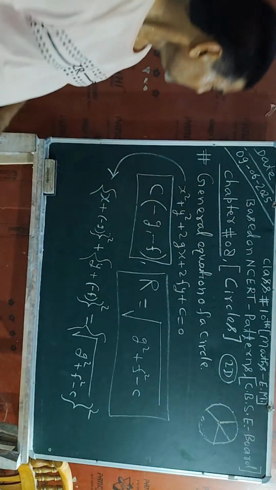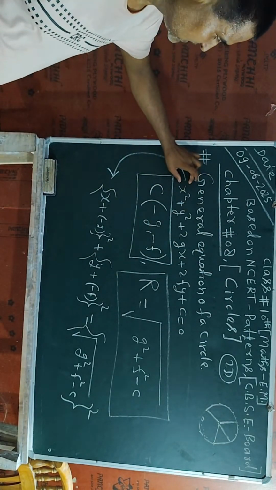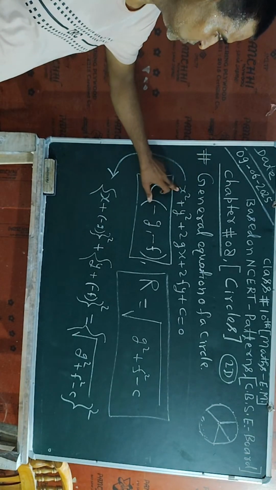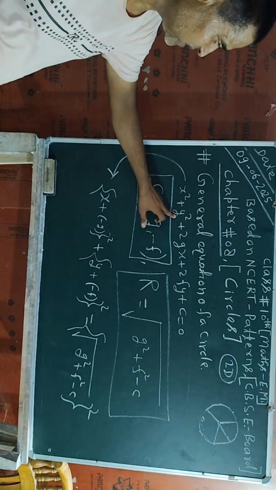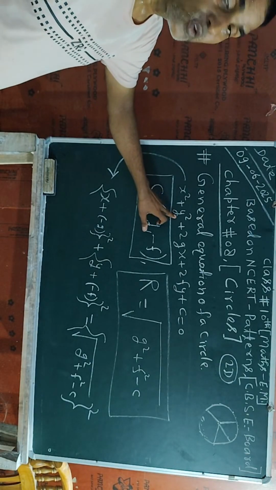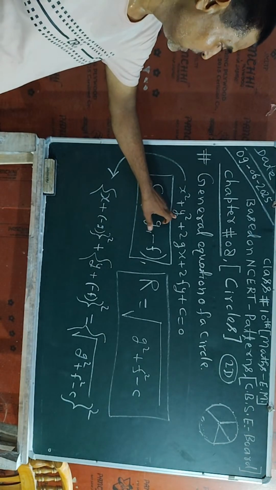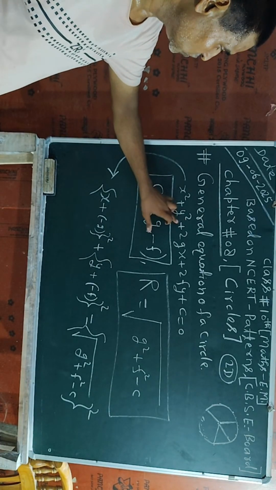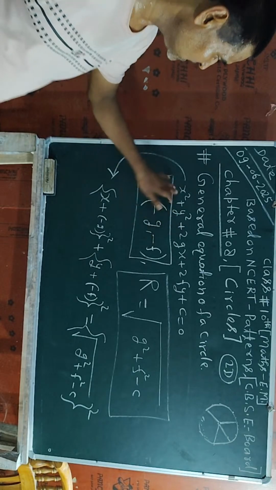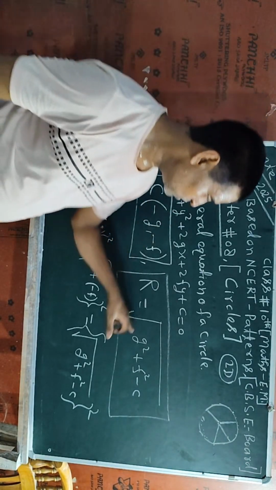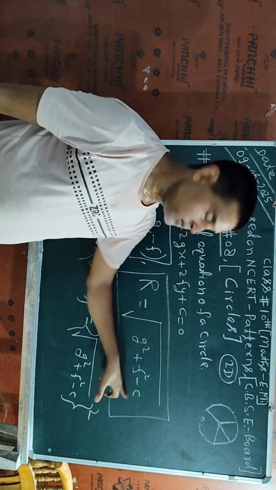Now when I arrange this equation, this is also the equation of a circle, because the coefficient of x square is 1, the coefficient of y square is also 1, and the coefficient of xy is 0. So that term I have eliminated from here. So this is the general equation of the circle, and its center will be minus g comma minus f, and its radius will be r is equal to the square root of g square plus f square minus c.